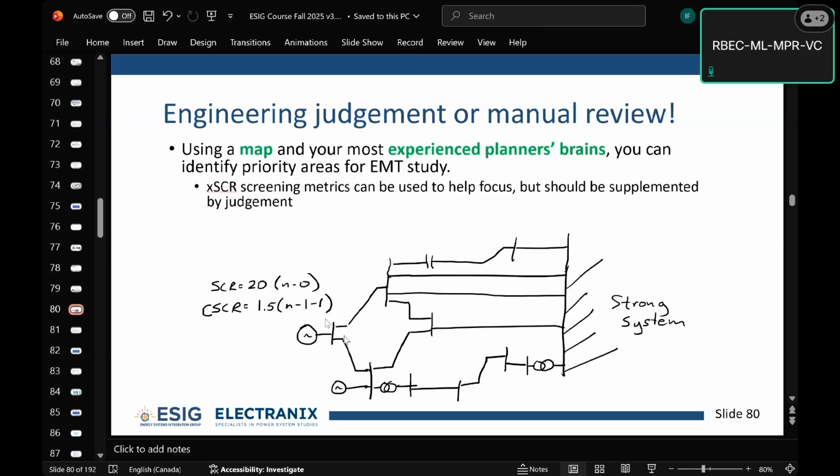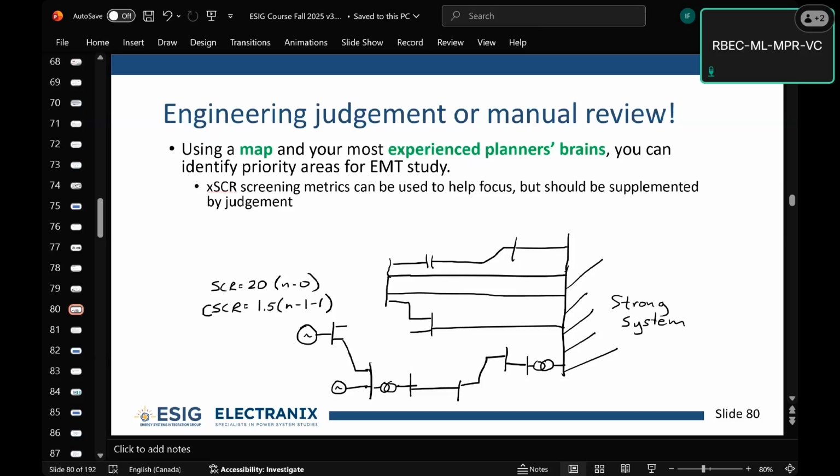But if you take away an N-1 minus 1, like perhaps you take away this line and maybe this line, you're left with a combined or composite short circuit ratio of 1.5. If you take away two sources of strength, right? Doing an N-2 anything in power flow is usually very computationally intensive. Maybe it's an N-3 you need to worry about.